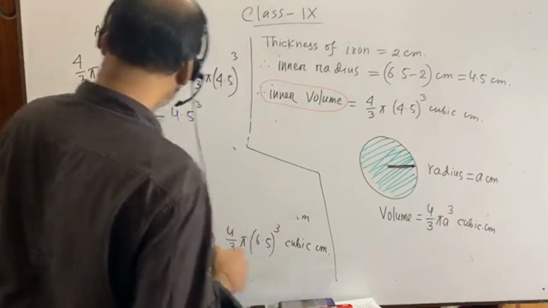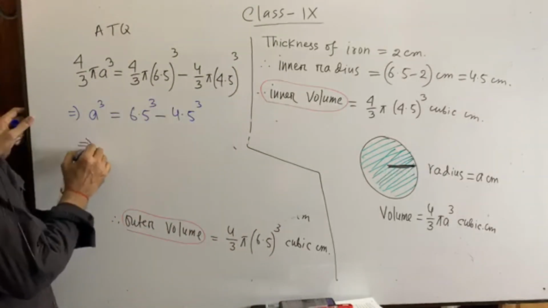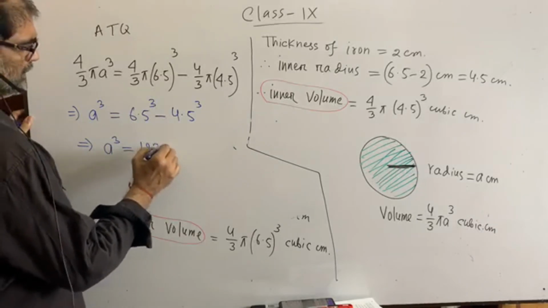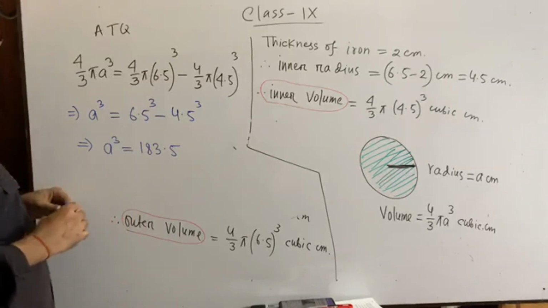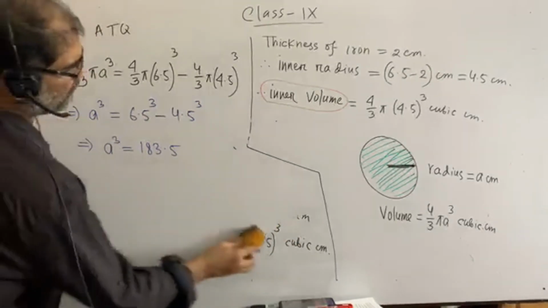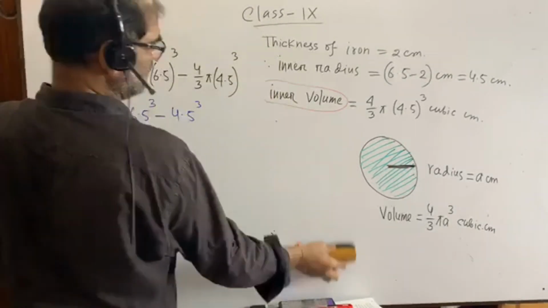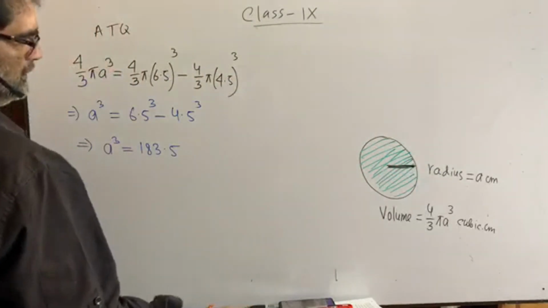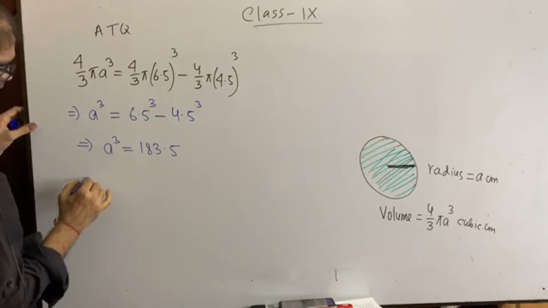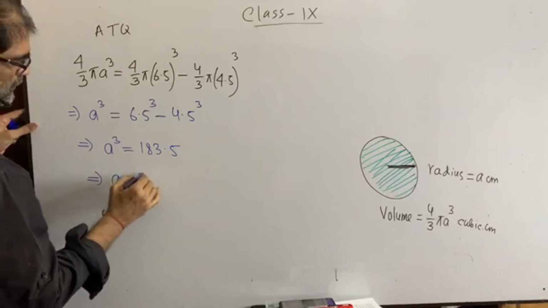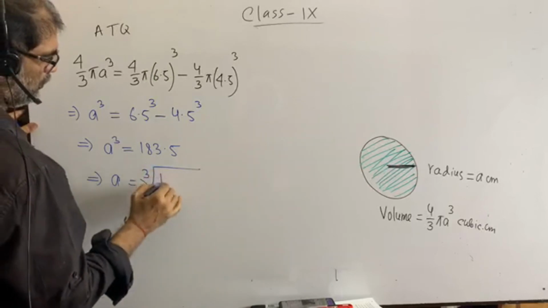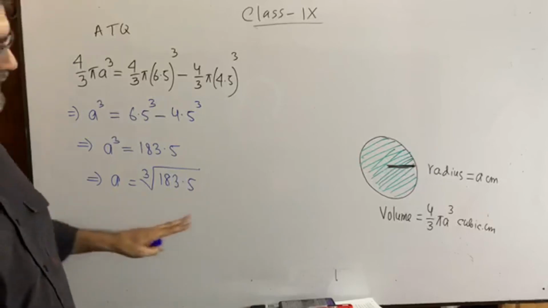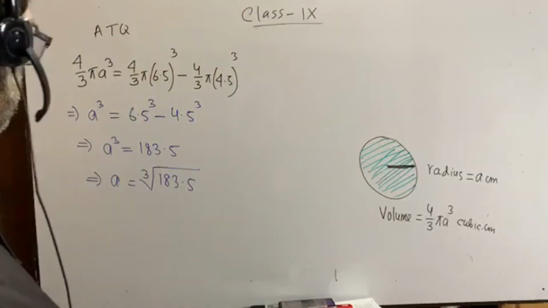So a cube is equal to 183.5. Now we can find the radius of the solid sphere, that is a. So a is equal to cube root of 183.5.